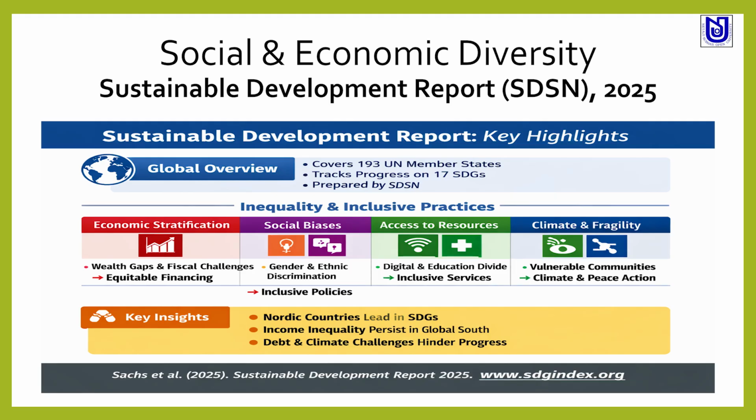And the digital divide and unequal access to healthcare and education demand universal social services and digital inclusion. Likewise, vulnerable communities face disproportionate climate shocks, linking SDG 13 and SDG 16.